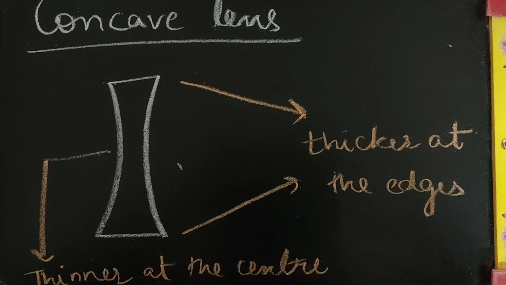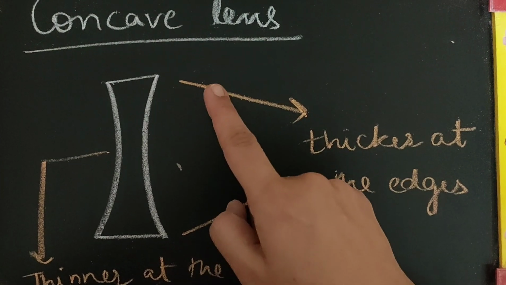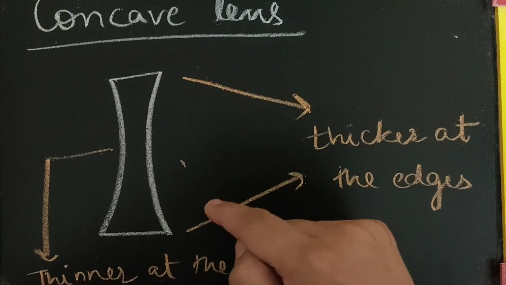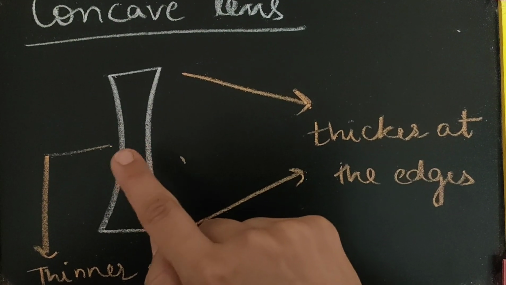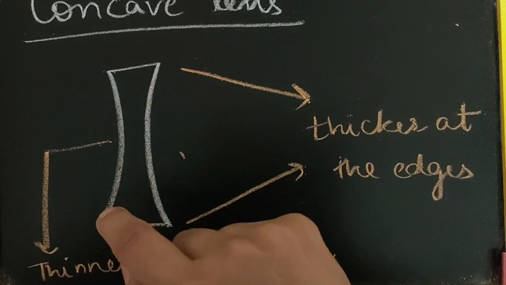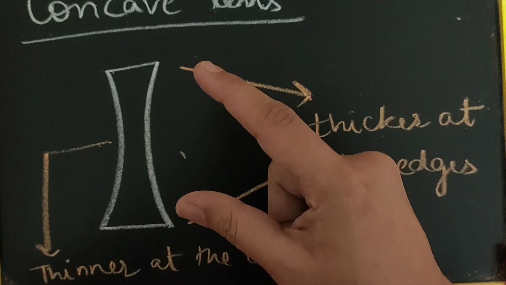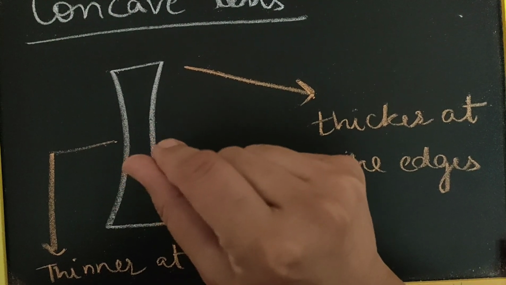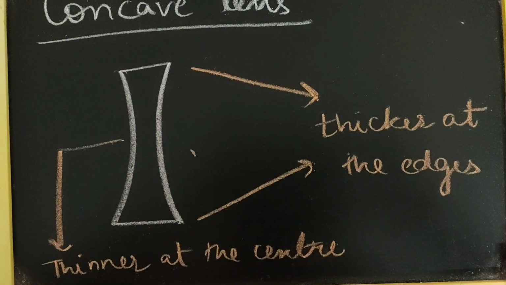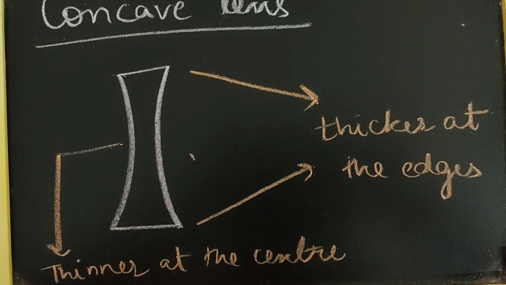On the other hand, a concave lens is thicker at the edges and thinner near the center. So this is the symbol for a concave lens. It is thicker at the edges and thinner at the center. It is also known as a diverging lens.